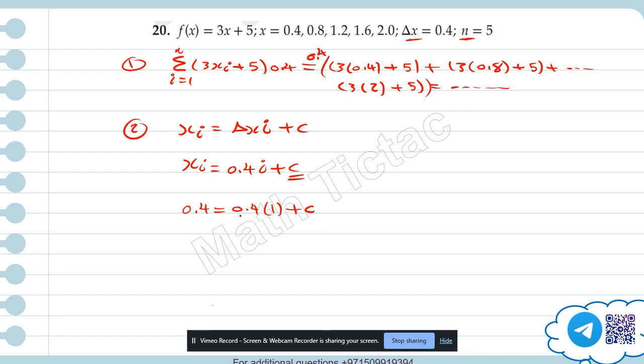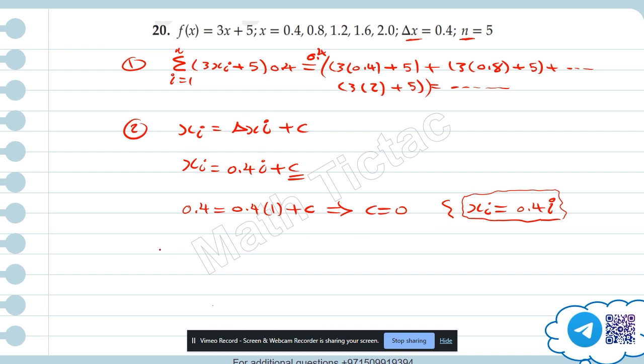Now I write the sigma notation, with i equals 1, and the value of n, which is 5. Then I substitute 0.4i instead of each x in the function.